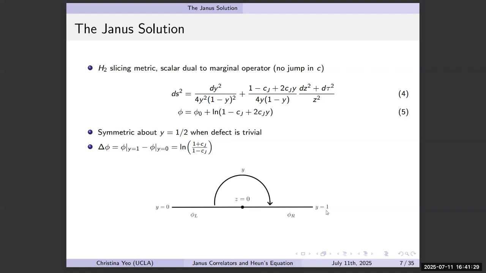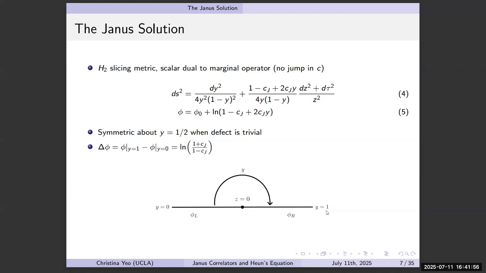CJ has nothing to do with the black hole mass. Then what is it? It has to do with the dilaton being massless. I think I can answer your question later. It'll become more clear when I show you the equation of motion that we get when we put in the probe scalar.